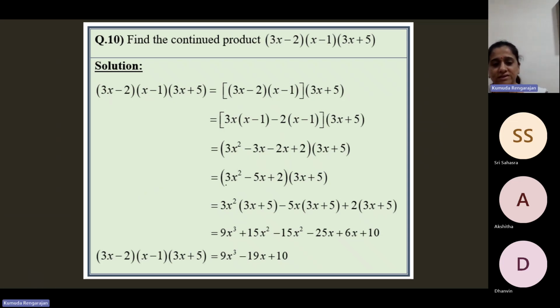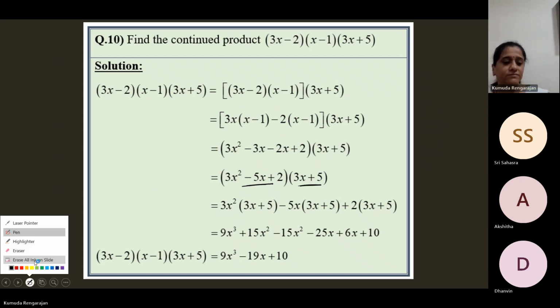Now you see that it's done. We've opened the bracket and simplified the like terms, and we have this result. Now multiply this trinomial. Now this is an expression with 3 terms, it's a trinomial. Multiply this trinomial with this binomial. Trinomial 3 terms, binomial 2 terms.